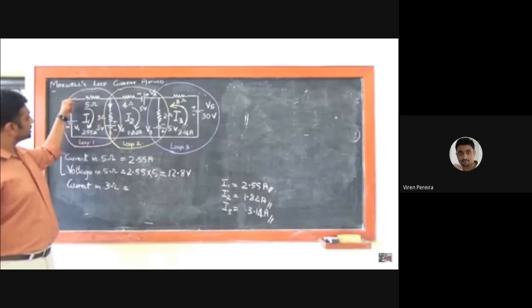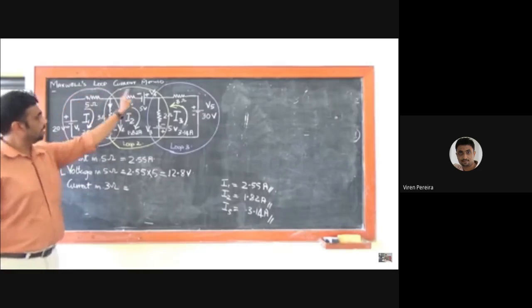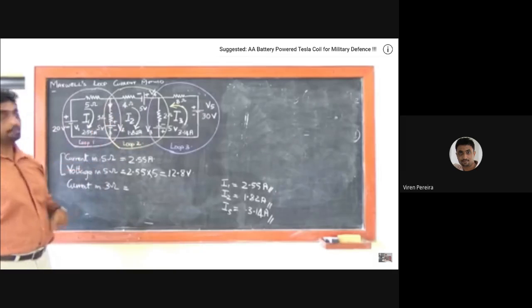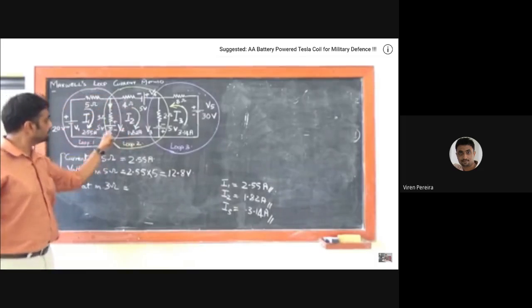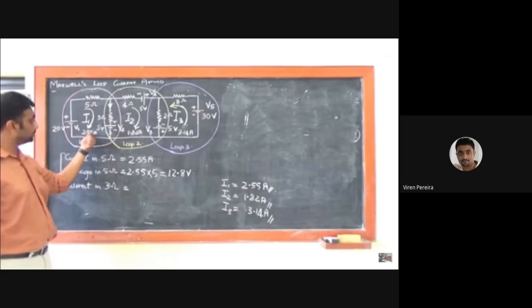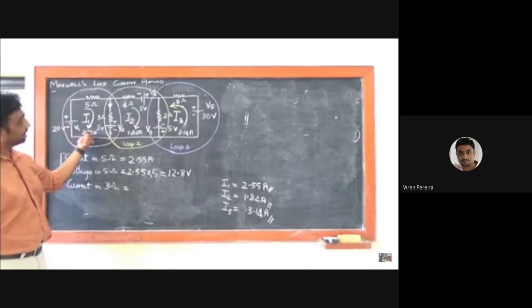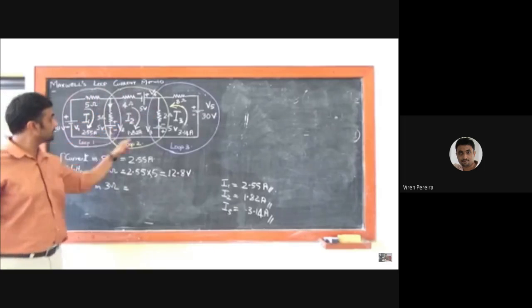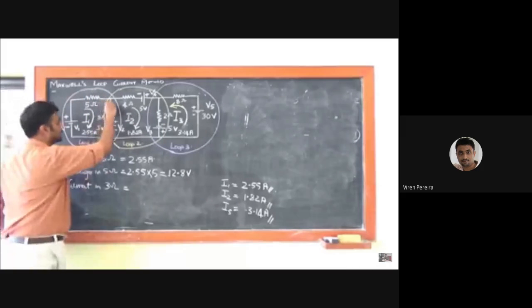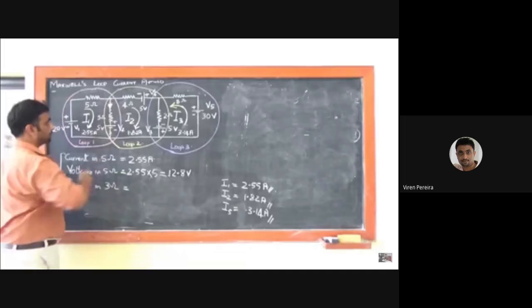Now in the 3 ohms resistor we have I1 flowing here and we have I2 flowing from here. So it will be I1 minus I2. Why I1 first? Because I1 has a higher magnitude. So it will be I1 minus I2. Again put the direction. This direction is important.